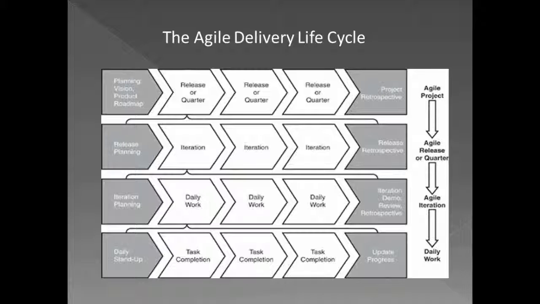Further down, each iteration consists of daily work, which correlates to tasks. At the end of the day, we see where we are with regard to daily progress, and the number of story points that we have already completed.